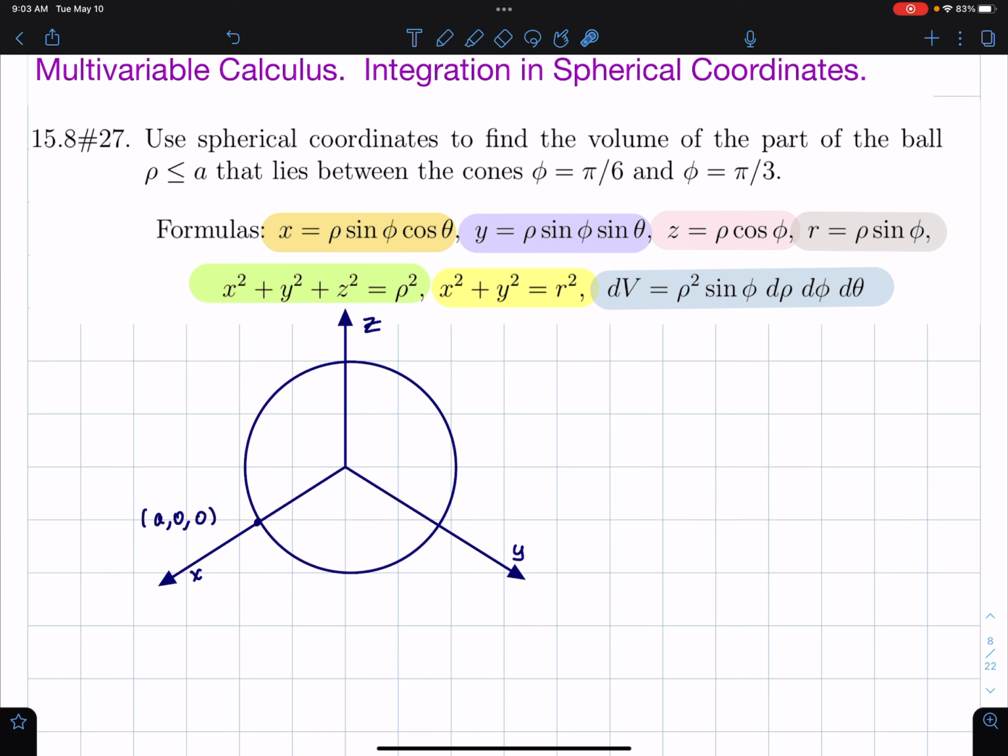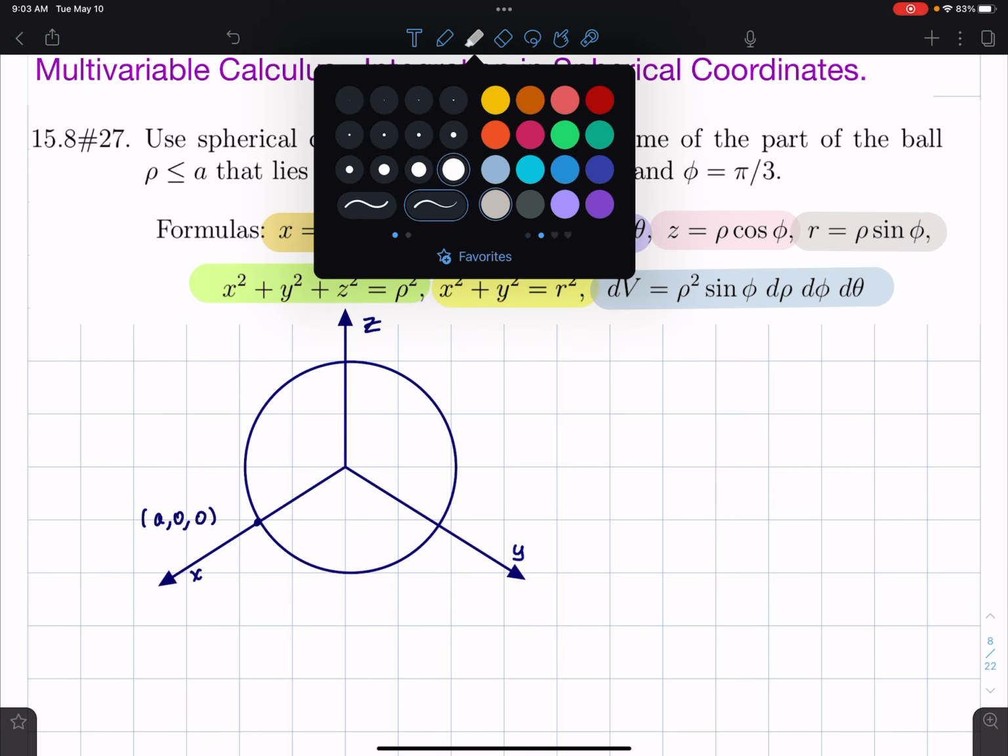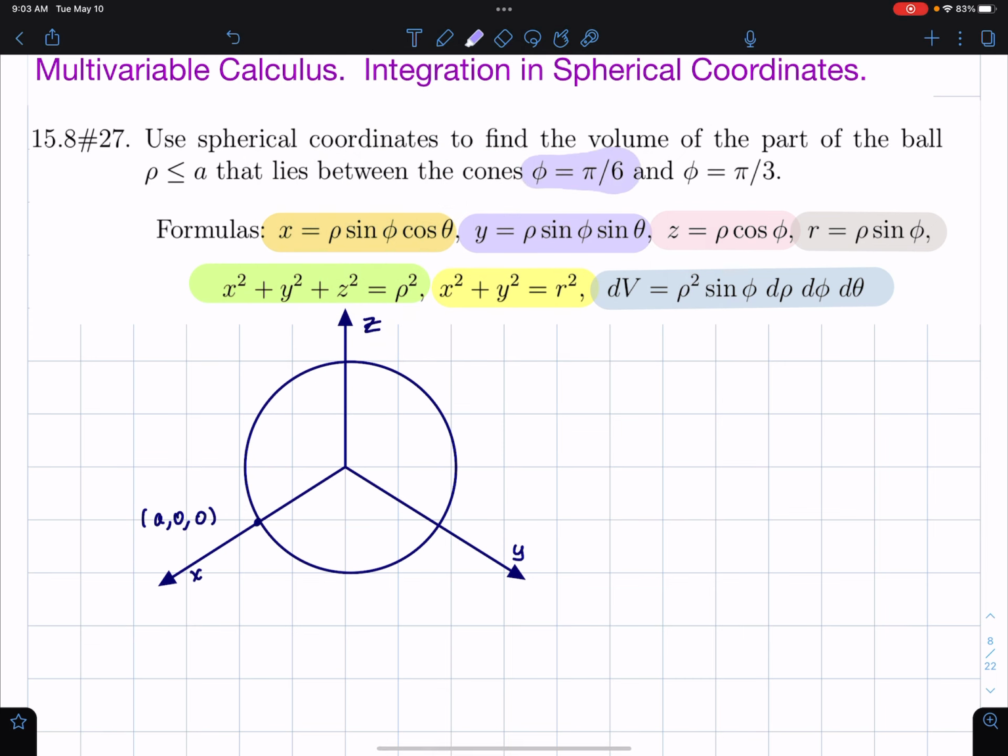So let's just check out this piece here where it says phi equals pi over 6. If we look from here to here, pi over 6 is exactly 30 degrees. So this point seems to have an angle of 30 degrees. But if you go over here, this angle is also 30 degrees.